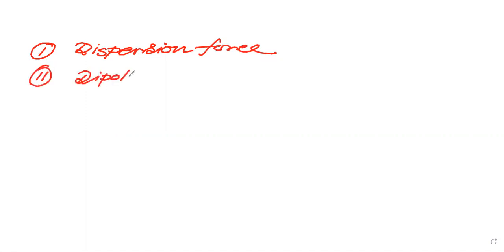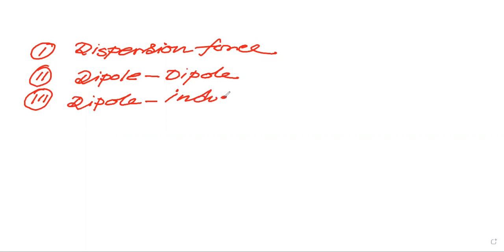We started with the weak forces. In the weak force category, we have dispersion force, dipole-dipole and dipole-induced dipole interaction. Now, these are the weak forces.